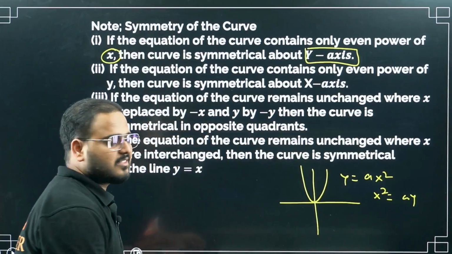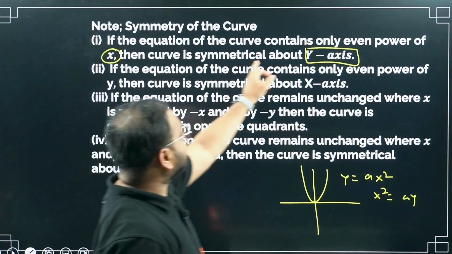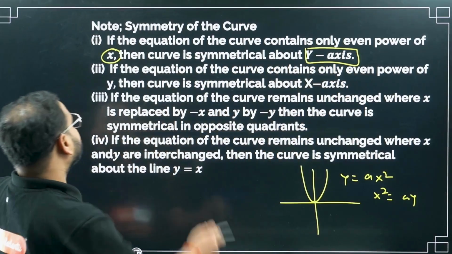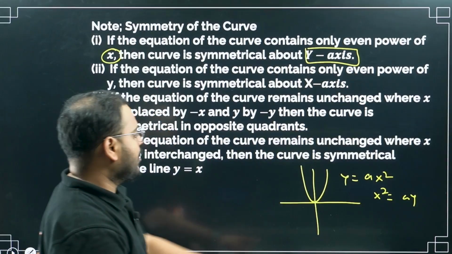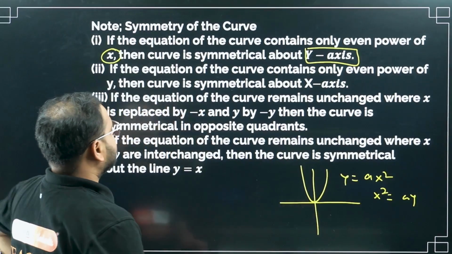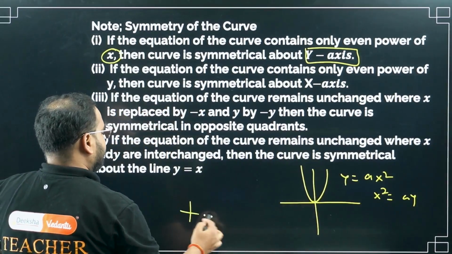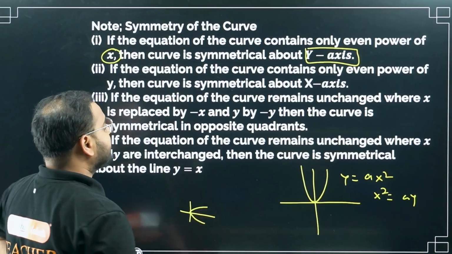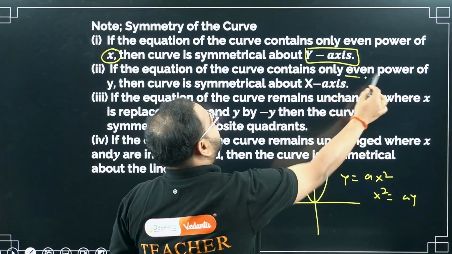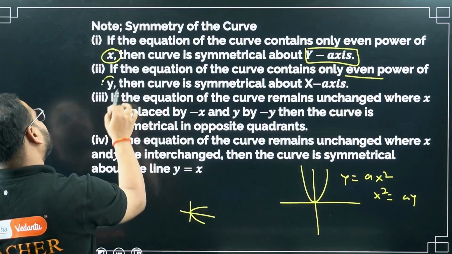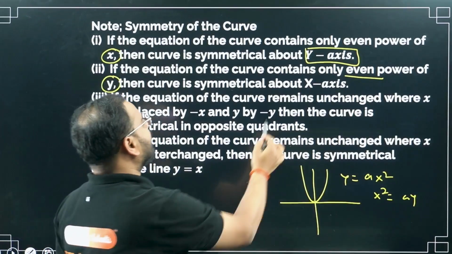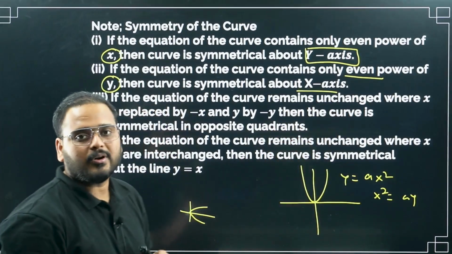If the equation contains even powers of x, then the curve is symmetric about the y-axis. Opposite, if it has even powers of y, in that case it is going to be symmetrical about the x-axis.